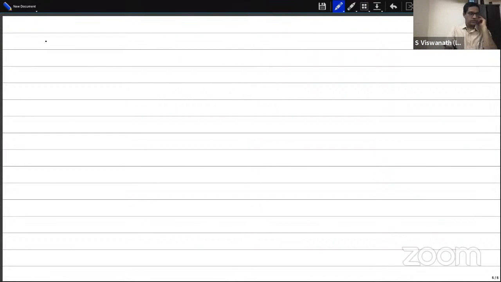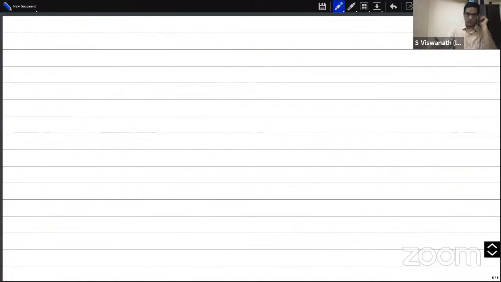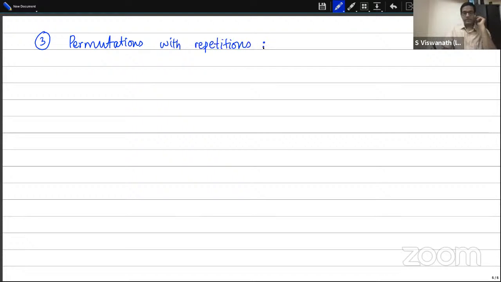So there is also this other type, number 3. There are also permutations in which repetitions can occur. You've probably seen problems like this: how many different permutations can you form using some letters?